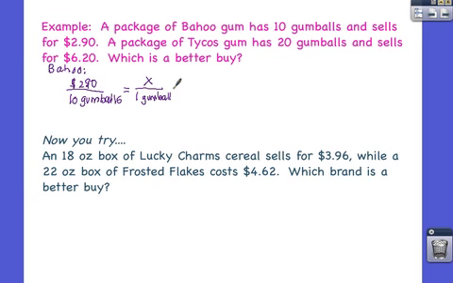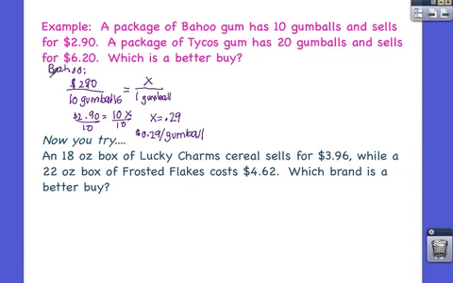So dollars per gumball. So we get $2.90 equals our 10x, divide both sides by 10, and we get that x equals 0.29, which means 29 cents per gumball.